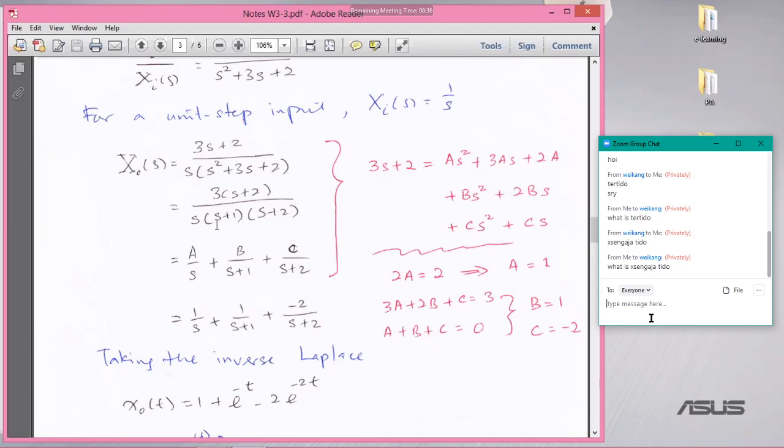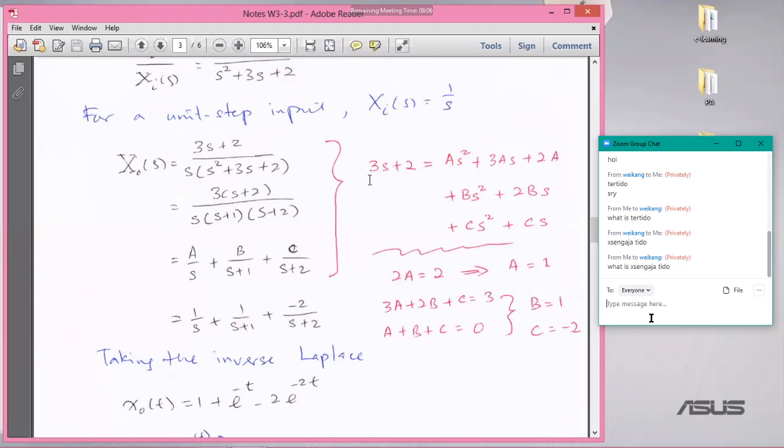The first term multiplied by (s plus 1)(s plus 2) gives A s squared plus 3As plus 2A. That is from the first term. And you repeat that for the second term, and you get the B coefficient. And then you repeat that for the third term, you get the C coefficient. And then you need to solve for A, B, and C. You just compare the coefficients of the polynomial.